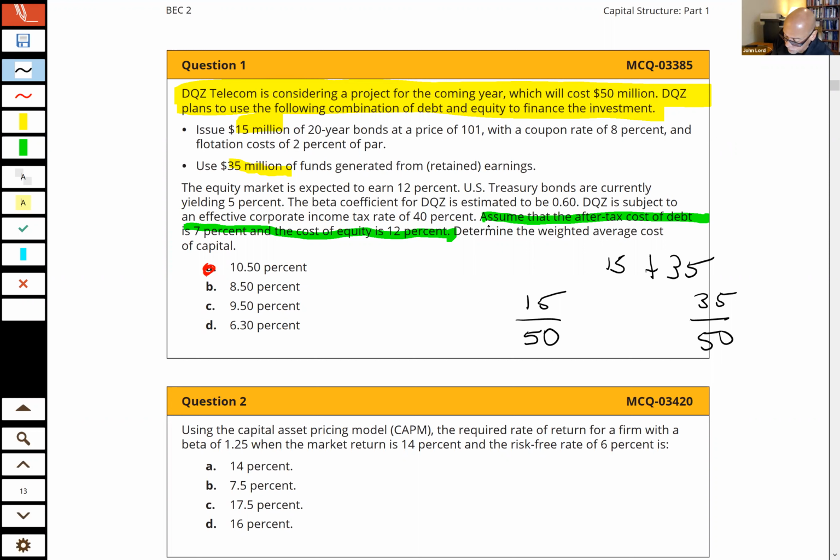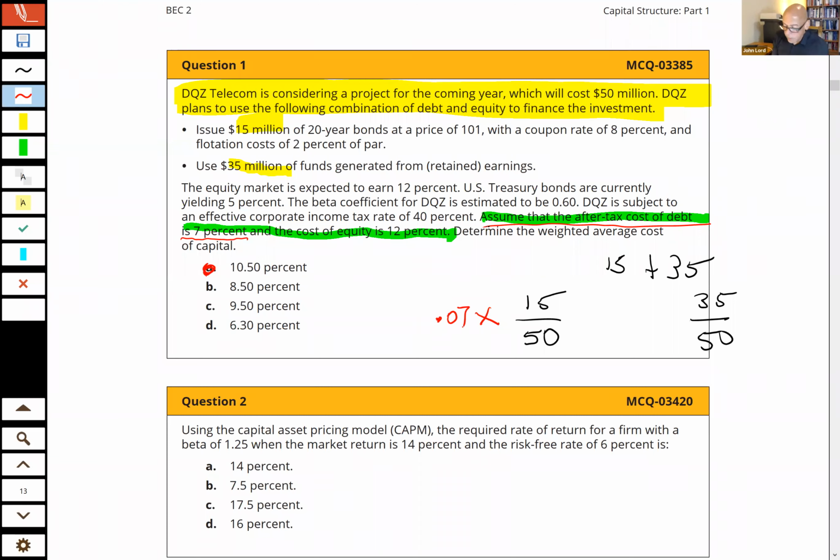You have all that unnecessary information that they give you to waste your time. Right, thank you. Assume the after-tax cost of debt is 7%. I was trying to figure out why I wrote down 0.07, because I wanted to use the tax rate, and you're correct. So I have to use the 0.07 and apply that to the debt portion.